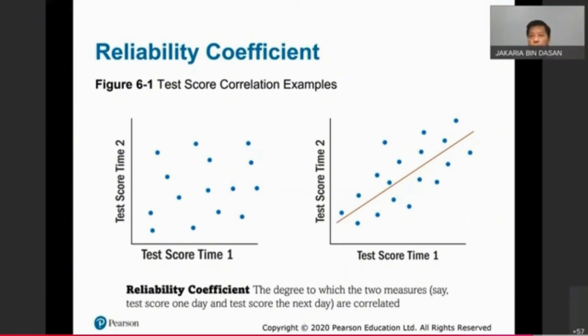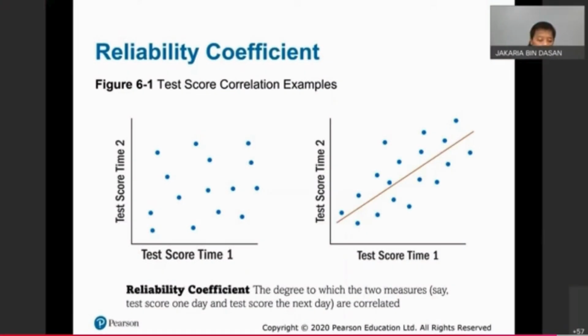Meaning to say, if the scoring looks like the right one, which has the highest reliability coefficient, basically we meet the target of finding the right group of candidates to work in our organization. When you do research later on in your last semesters, this is what you should produce in the reliability of your data.